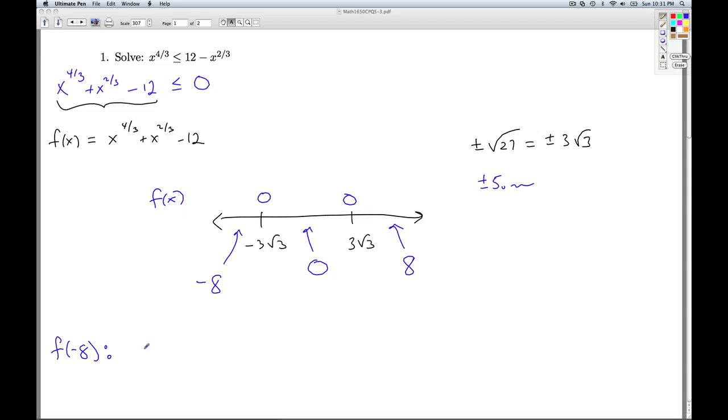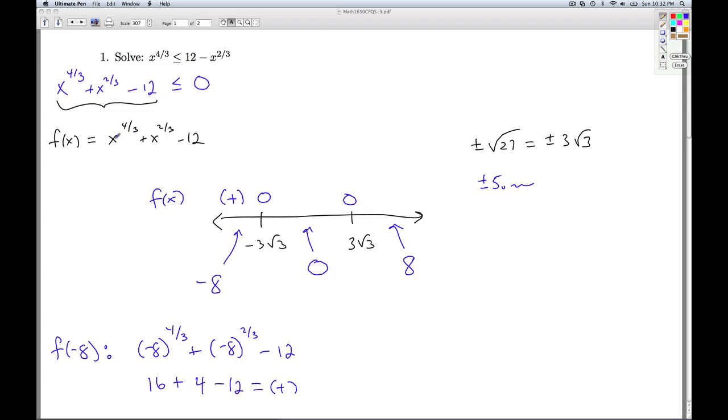And let's see, I'm going to have negative 8 to the 4/3 plus negative 8 to the 2/3 minus 12. So this denominator of 3 means cube root. The cube root of negative 8 is negative 2. You raise that to the 4th power, you get 16. The cube root of negative 8 is negative 2. Raise that to the 2nd power, you get 4, minus 12. And this is a positive number.